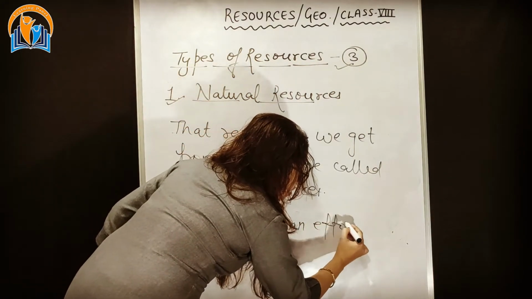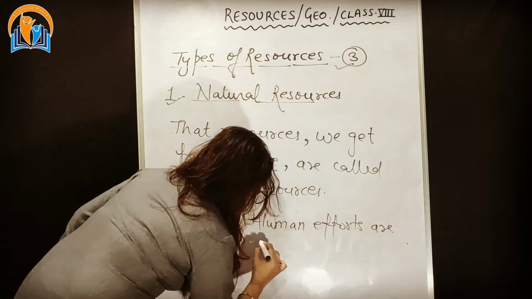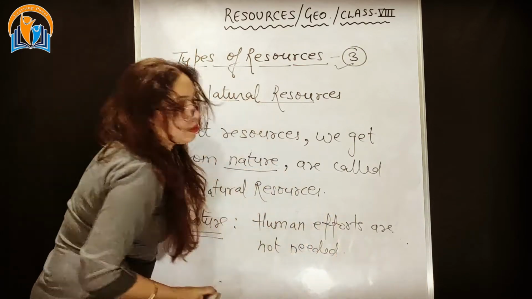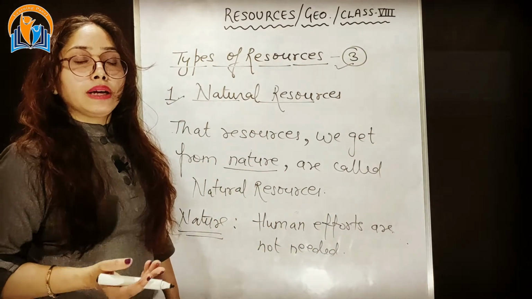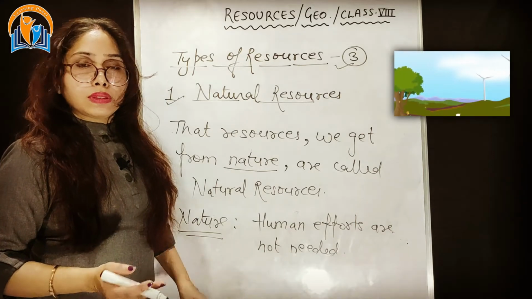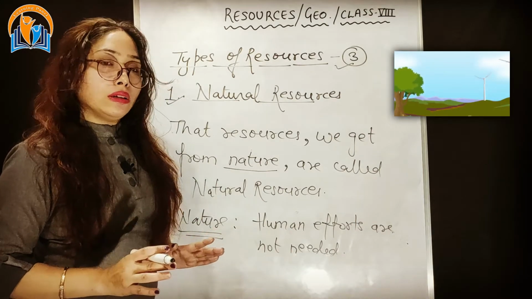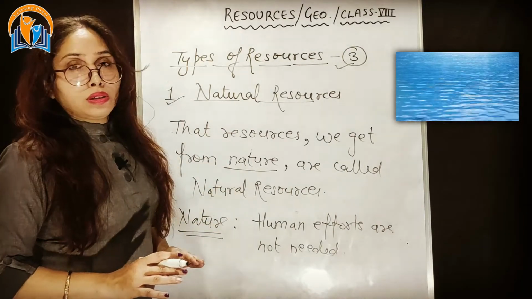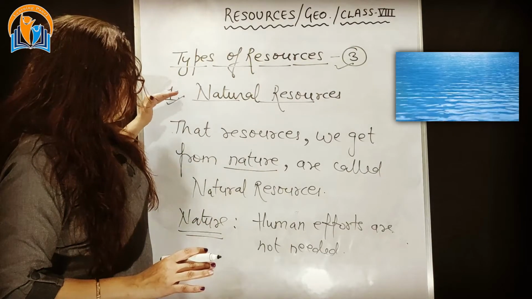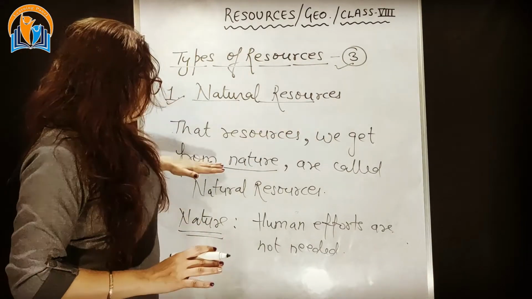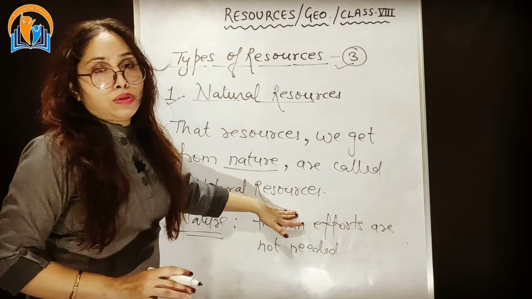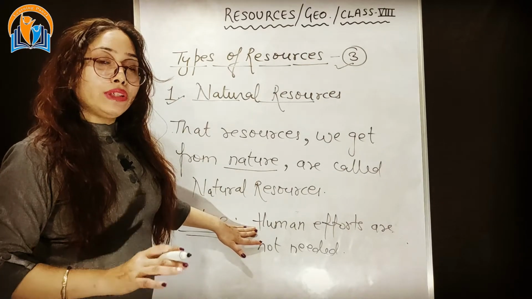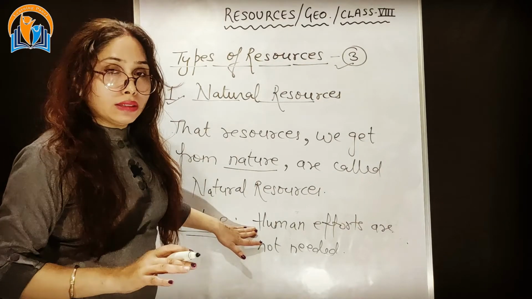Example, air. In this, human efforts are not needed. This is natural. Water. Human efforts not needed. Natural. So, natural resources are those resources we get from nature. And the meaning of nature is whatever is present on the earth in which human efforts are not needed. That's all.